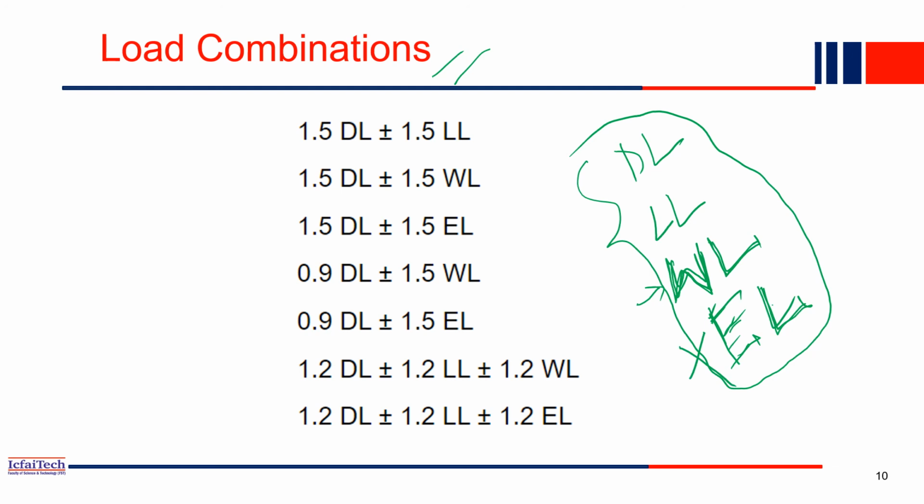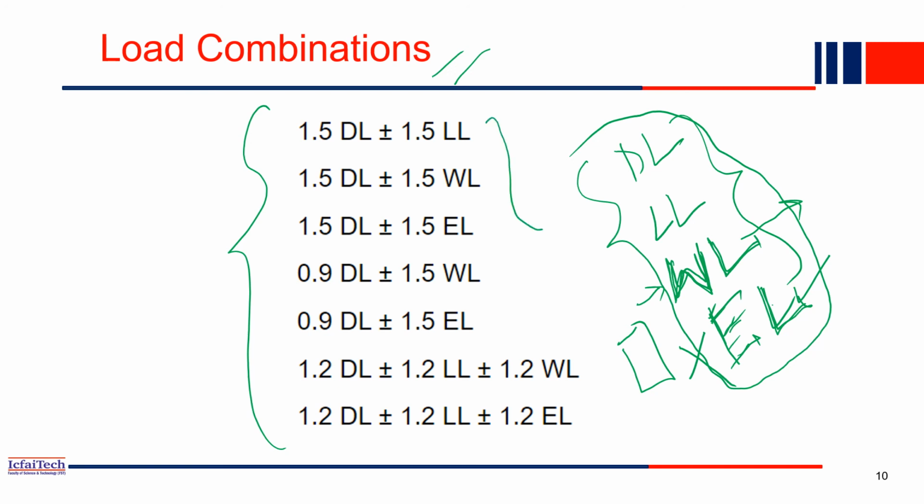So now, which load will you take? To design a structure in Andhra Pradesh, you will give more focus to wind load compared to earthquake load. Based on that, our Indian code has given some guidelines for design.